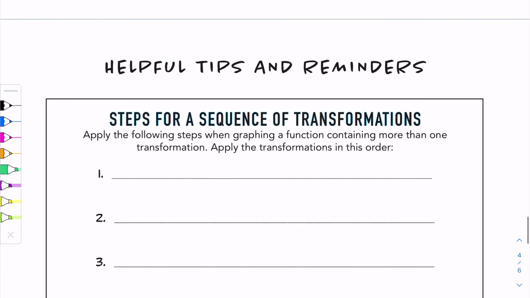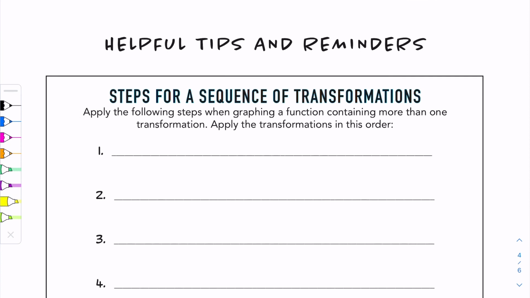Now that we've gone through all 4 transformations, we need to understand that there are steps for a sequence of transformations. That means that you need to follow a certain order when you have multiple transformations happening in the same function. So the first step that you're going to do, no matter what the function is, is your horizontal shift.